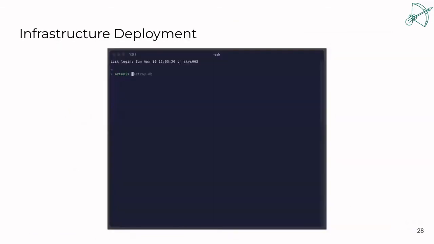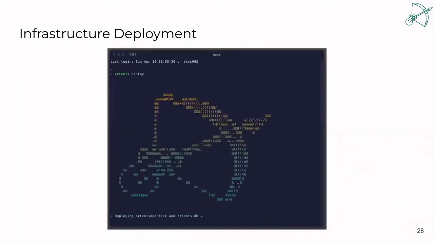Deploying the infrastructure can be performed with a single command, Artemis deploy. Under the hood, this makes use of the AWS Cloud Development Kit, which is a framework for modeling cloud infrastructure via code that can then be synthesized and deployed to a user's AWS environment. The user should receive confirmation in the terminal that the infrastructure was successfully deployed.